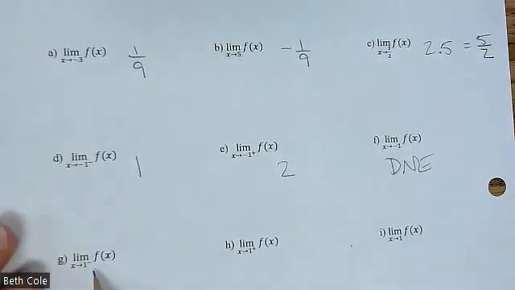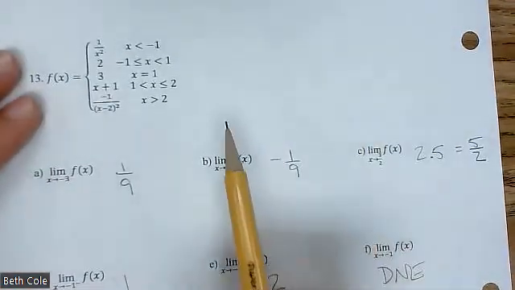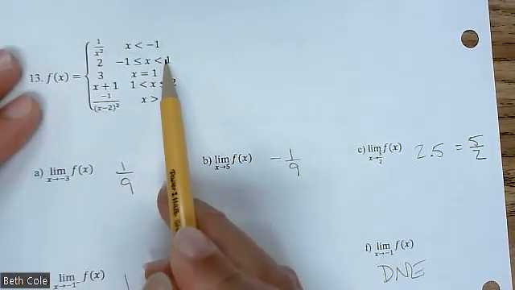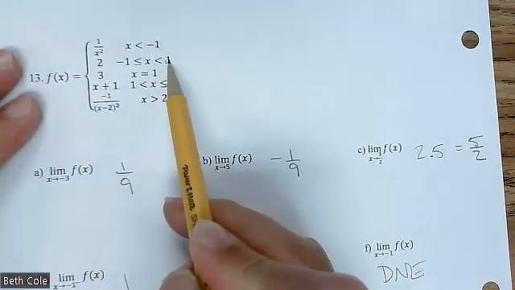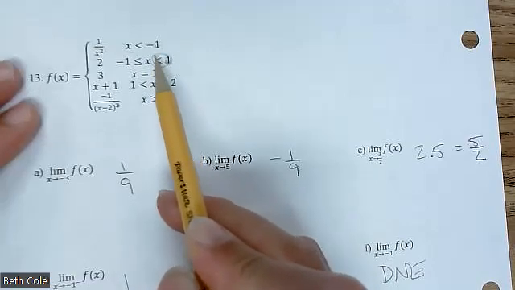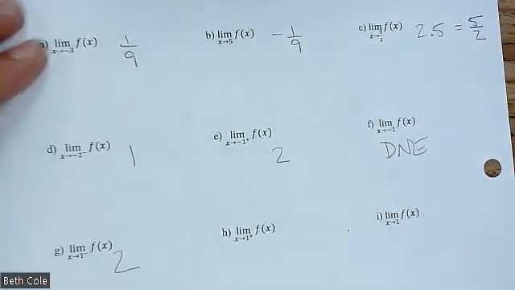All right, so now we're going to do +1. So look at +1 from the left. +1 is where this got split. Where we have numbers smaller than 1 is right here. Do you see less than 1? Okay, so that answer is going to be 2. Good.